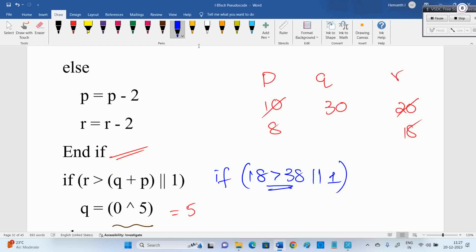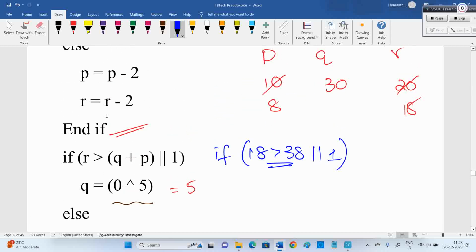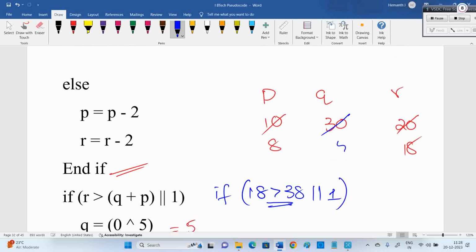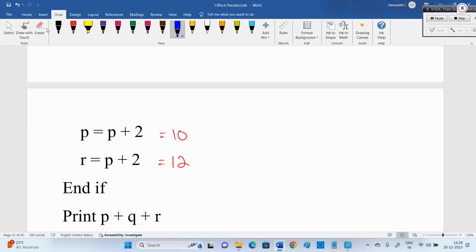The OR operator is like when you have 2 doors for a seminar hall. If one is open or only the second is open, or both are open, you can enter. So here the second one is okay, means you can enter. When you enter, your Q value is updated to 5. Now 8 plus 5, 13, 13 plus 18, 31. No need to enter the else; it is not required to execute.